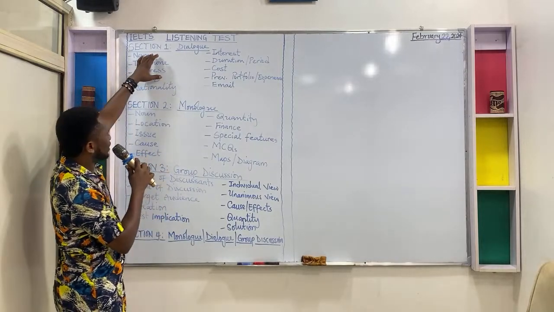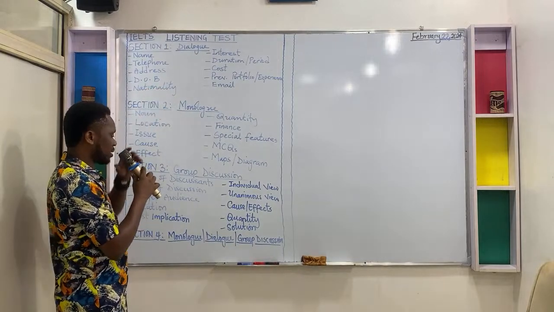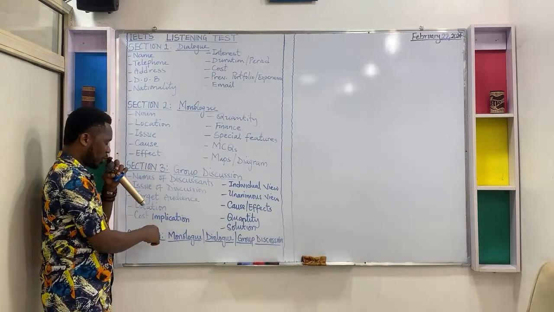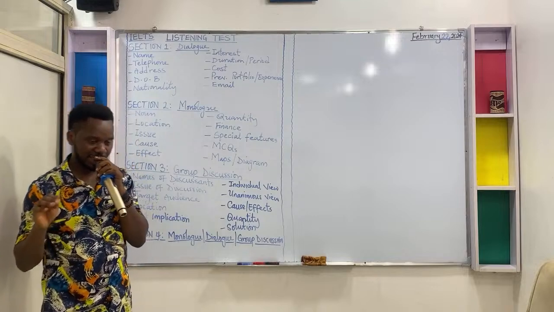But generally, sections 1 and 2 are always about society, whereas sections 3 and 4 are often talking about academic related issues.